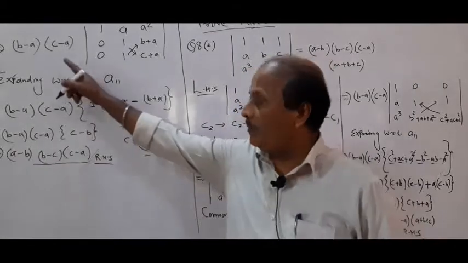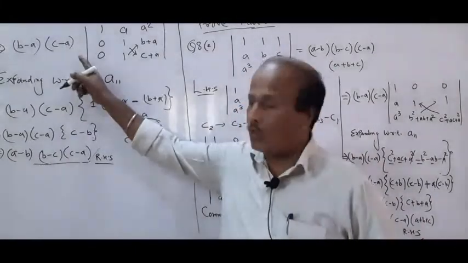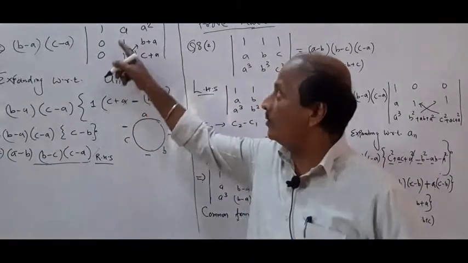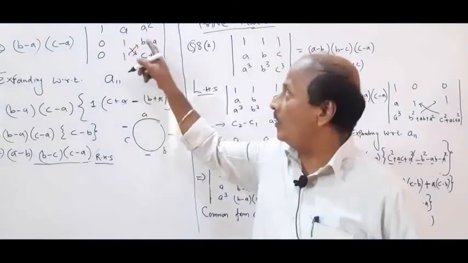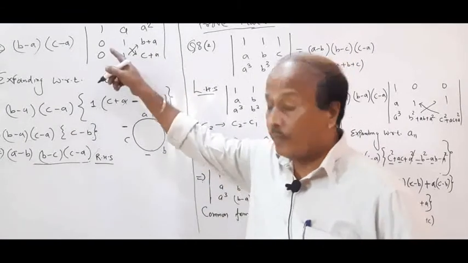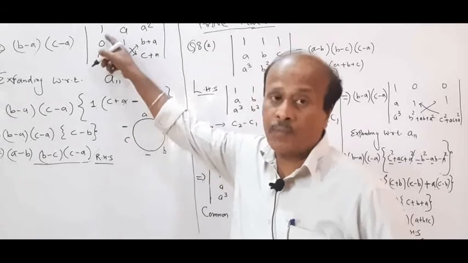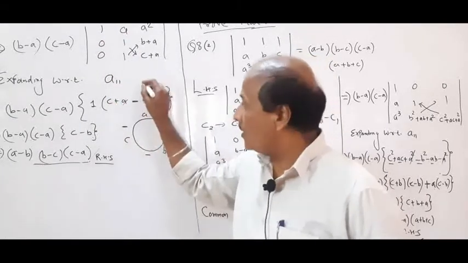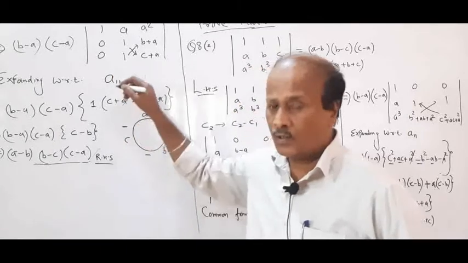So we took out b minus a and c minus a common, then our determinant becomes 1 0 0, 1, b plus a, 1, c plus a. Now whenever you find 2 zeros, expand that determinant with respect to a11. First time we are doing it, so I wrote this step, it is not necessary.